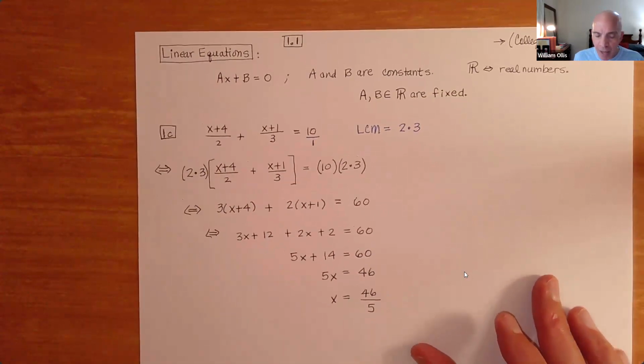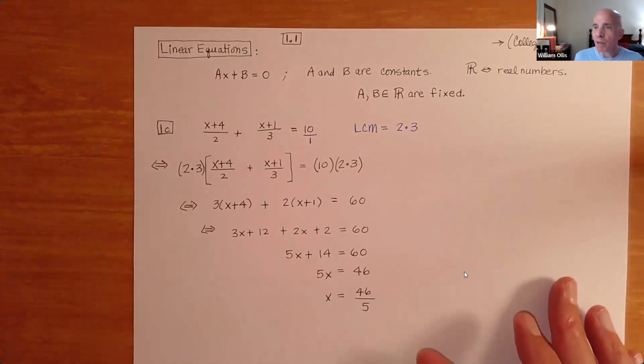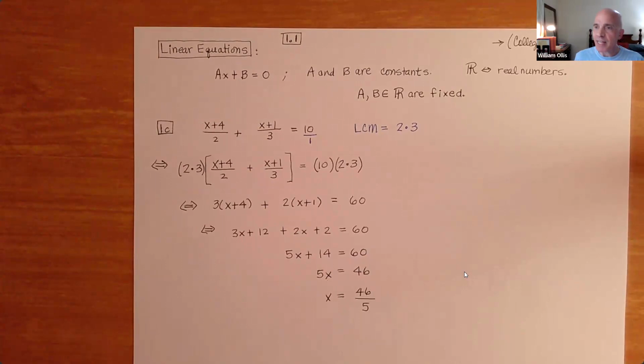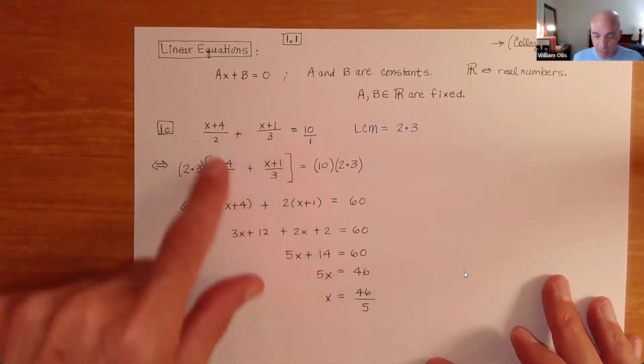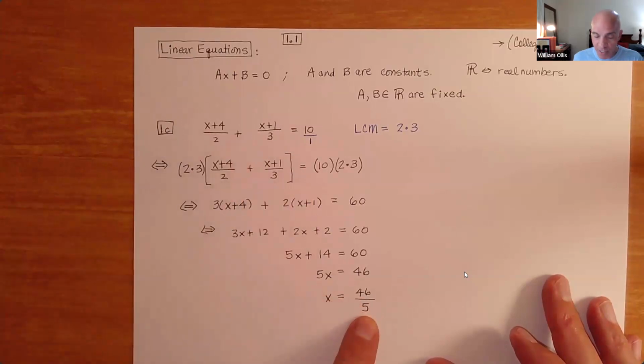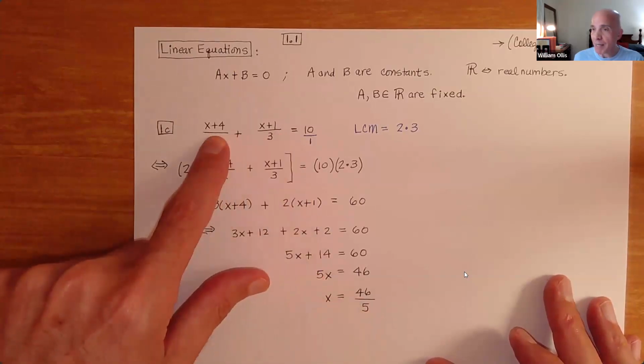Now, again, when we solve problems that have linear form or that are reducible to linear form, we just want to make sure that when we isolate a value of X, it makes sense. We don't have to worry about this not working, because certainly when we supply X equal 46/5, this will make sense.